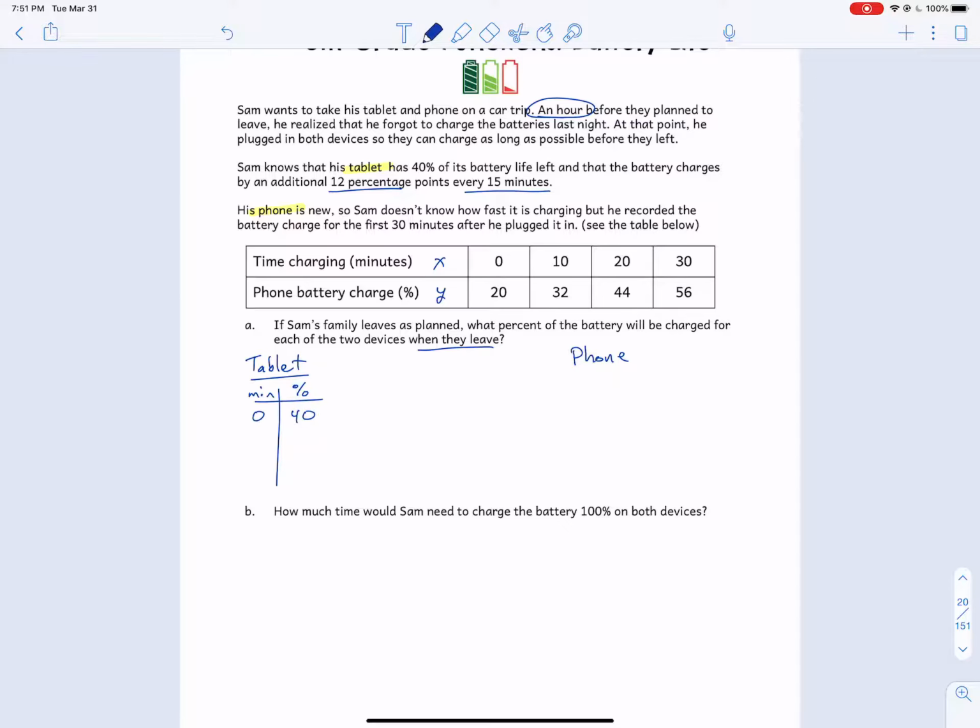And then it says each 15 minutes, so another 15 minutes, it adds 12% more. So we have 52%. Okay, so that's our pattern. And in hours, so that would be 60 minutes. So there we have an hour. So you just keep following the same pattern. So every 15 minutes, it adds 12%.